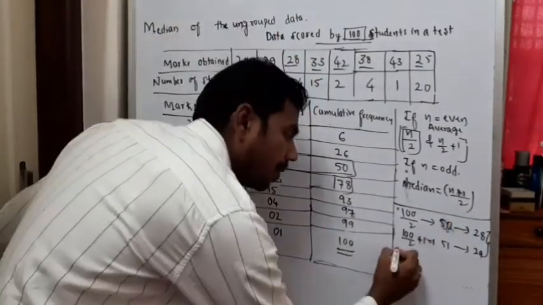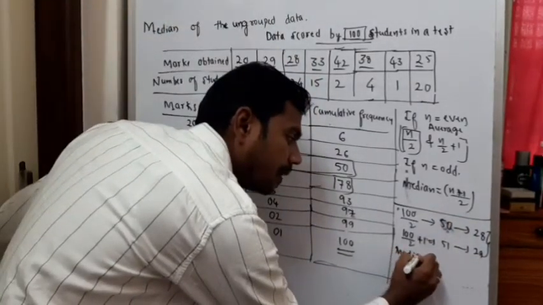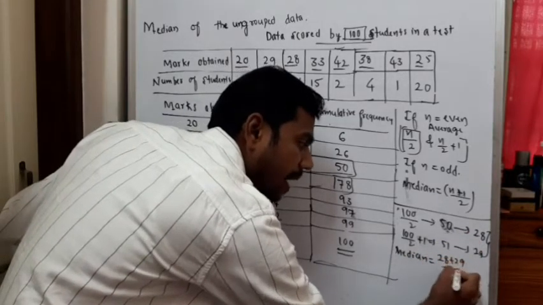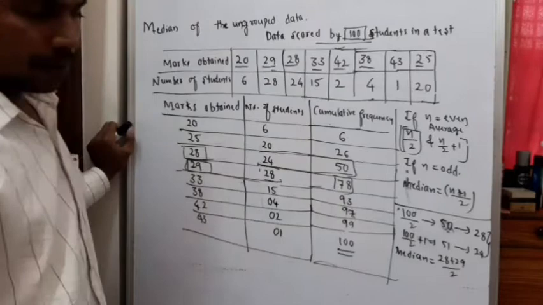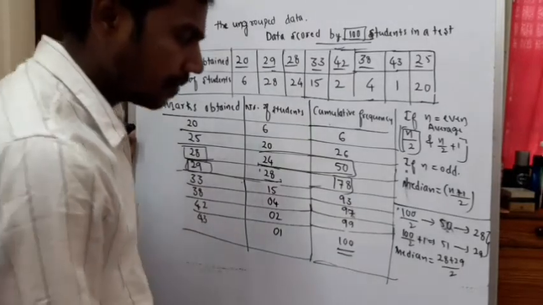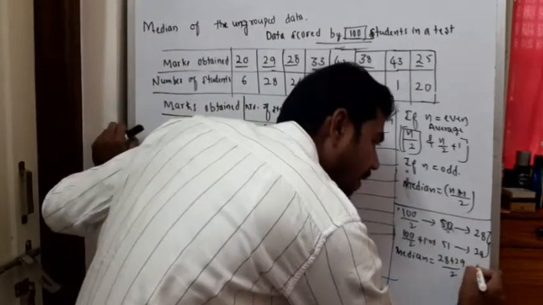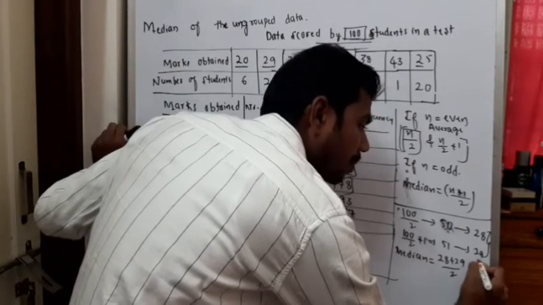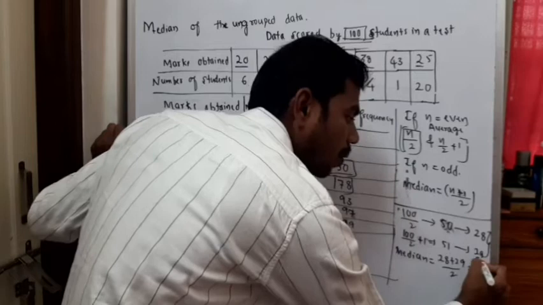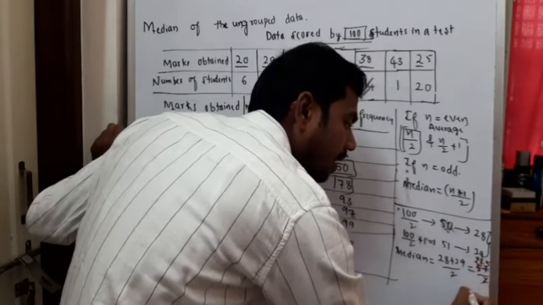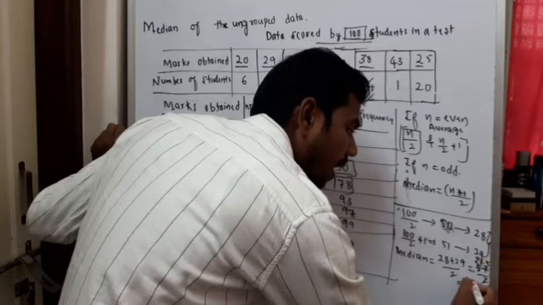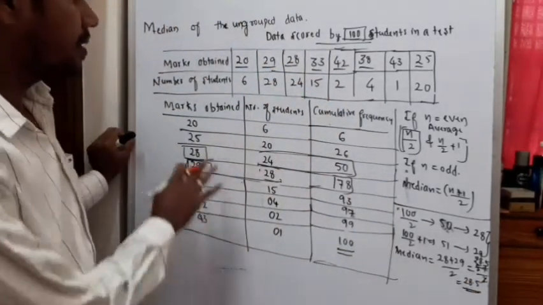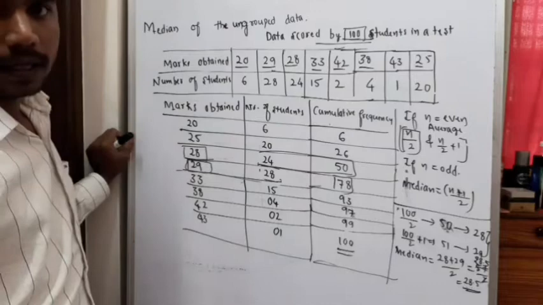Therefore, median is equal to 28 plus 29 divided by 2, which is 57 divided by 2, that is 28.5. That is the required median for this particular case.